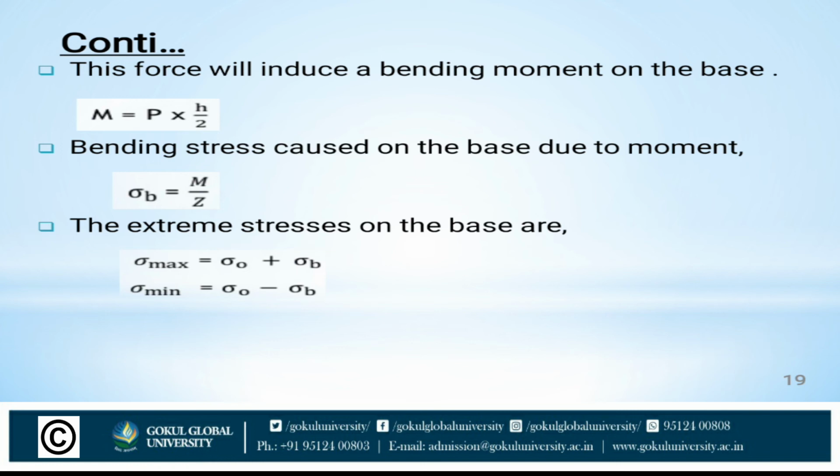So M is equal to P multiplied with H by 2. Bending stress calculated on the base due to moment, so we can write sigma b is equal to M by Z. The extreme stresses on the base are sigma max is equal to sigma 0 plus sigma b, and sigma minimum is equal to sigma 0 minus sigma b.